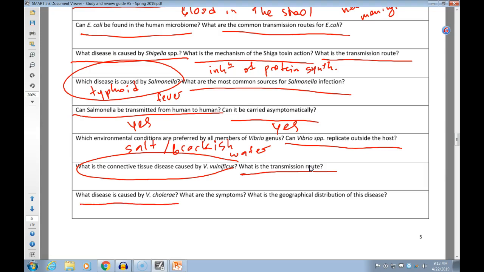Vibrio cholerae causes cholera. Symptoms, profuse diarrhea. Geographical distribution. Look, I'm not going to ask you if cholera is endemic in Benin, but understanding that it's mainly Africa and Southeast Asia, mainly India, that's all I ask. Okay?